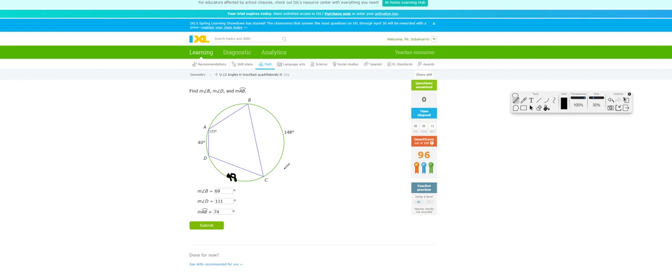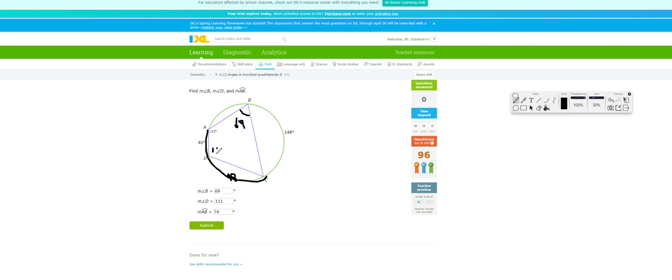Again, 98 plus 40 is 138, divided by 2 is 69. There you go. So it would be from A, D, and C. If you divide that by 2, you get the same thing I got, which is 69 degrees.